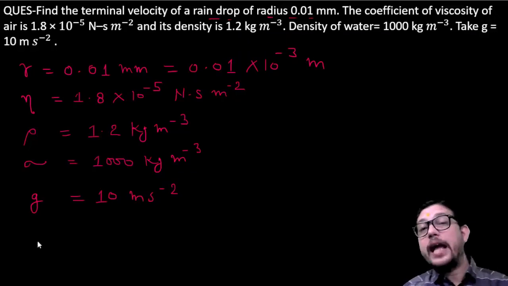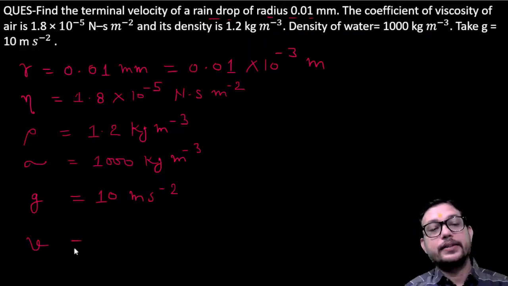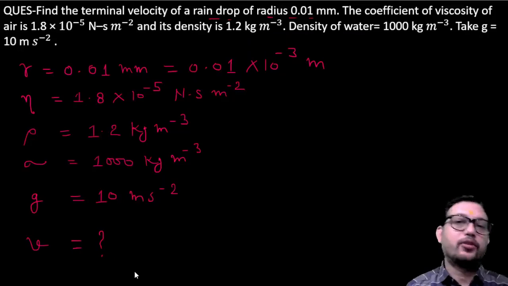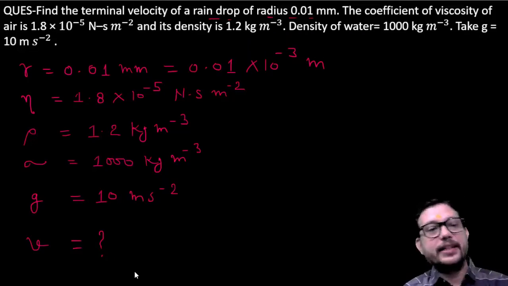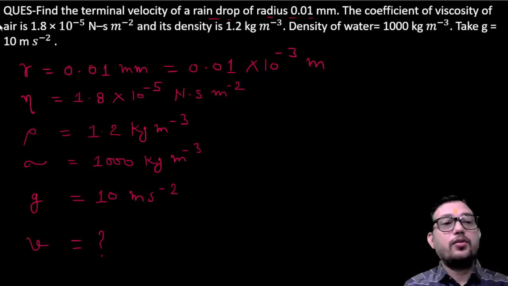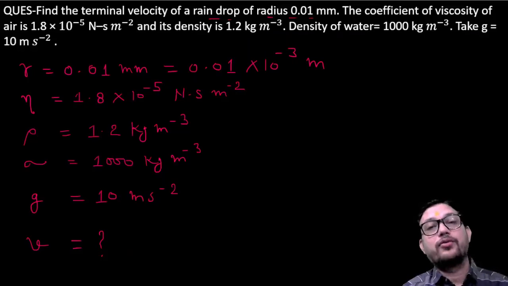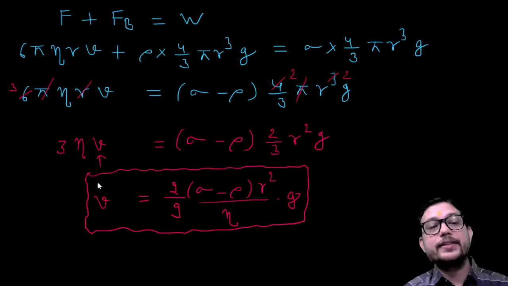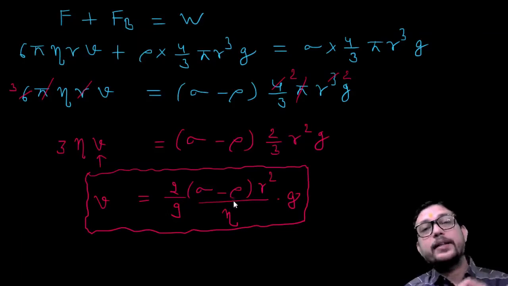And what do we have to calculate? We have to calculate the terminal velocity, and the symbol we have taken here is v. So what do we have to do now? We have to apply the formula for the terminal velocity. So the formula for terminal velocity, as you can see, is v equal to 2 by 9 sigma minus rho times r square upon eta into g.